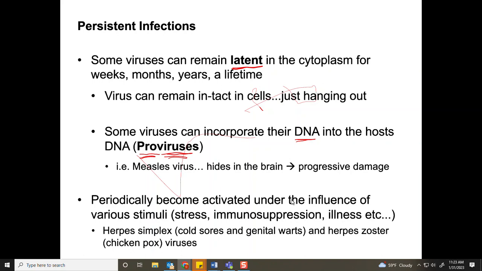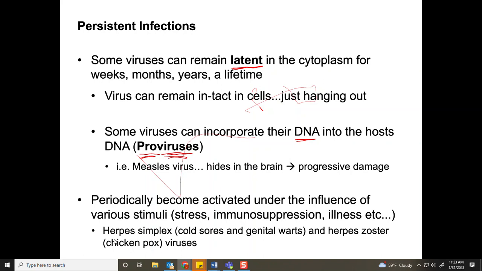So these viruses that we consider latent can periodically become activated depending on certain stimuli. Some of them are stress, some kind of immunosuppression, an illness, pregnancy, etc., that can cause that virus to reactivate and emerge out of the latent state and be active again.